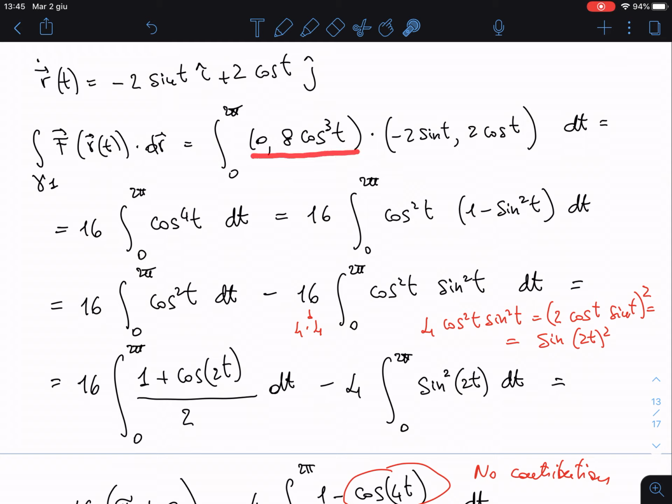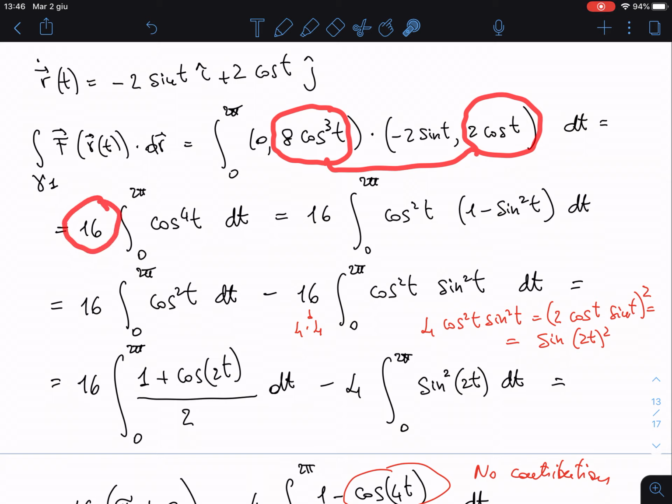Here we have the component 0, x cubed, which means 2 cubed, 8, cosine cubed of t, dot minus 2 sine t, 2 cos t, and this is equal to what? The product of the two first components gives 0, so only the product of the two second components survives, and here you have 16.